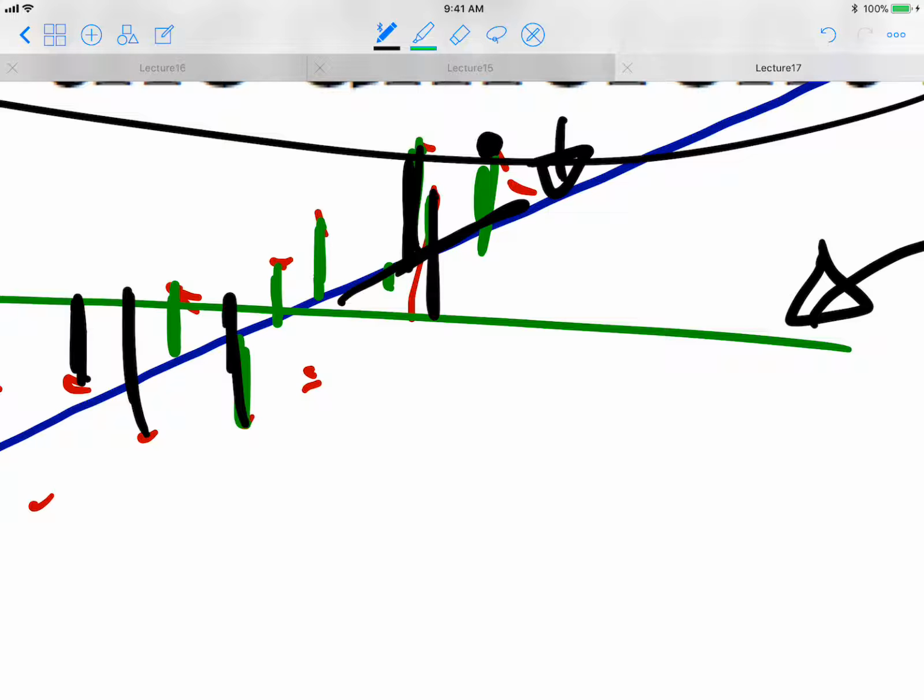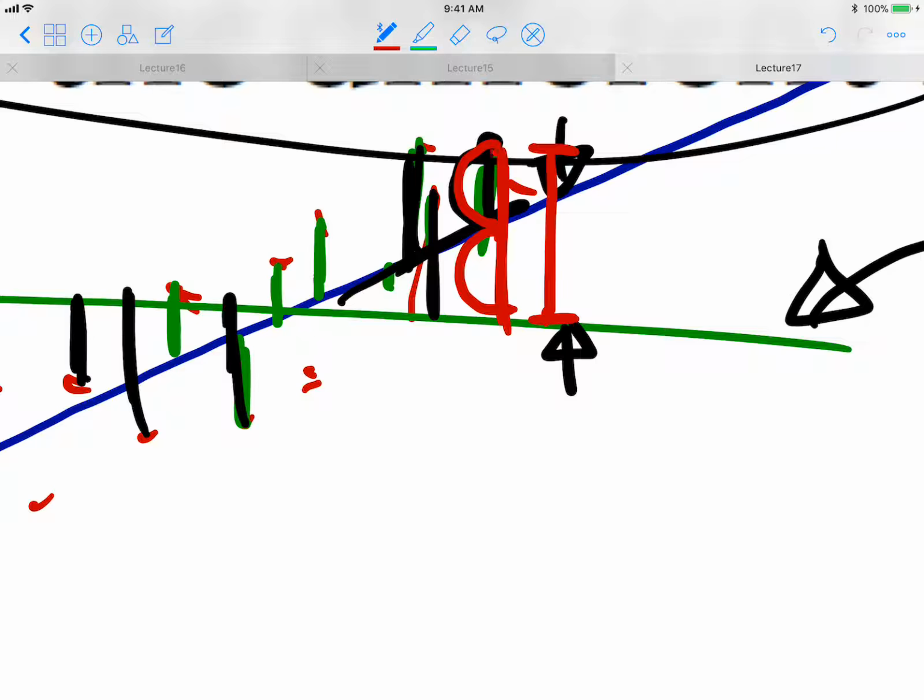So for example, consider this point. It will have this amount of error with respect to our linear regression line. But if we use the constant y bar, the error will be something like this. So you can easily see that this length is divided into this and this, right?